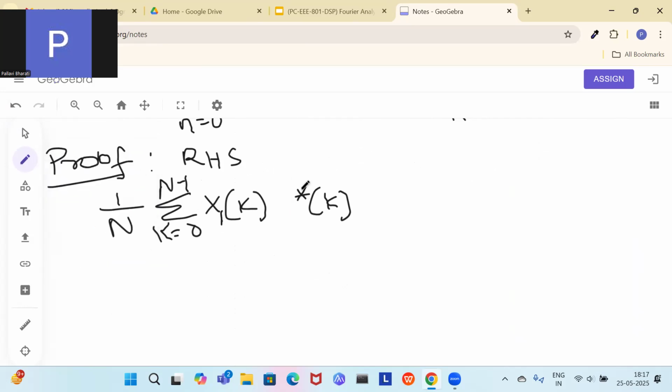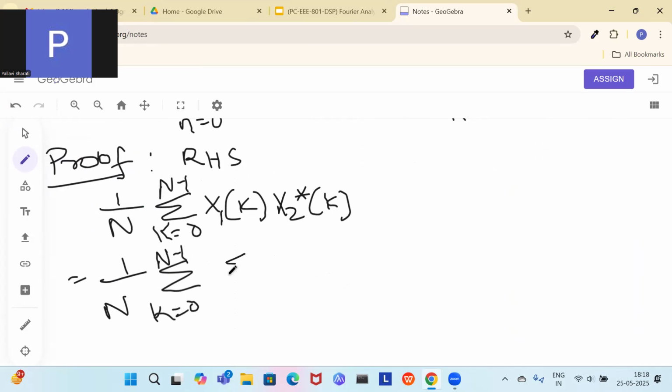This is x1k and this is x2 star k. So write the DFT for one of them, for this one, for k equals 0 to N minus 1.